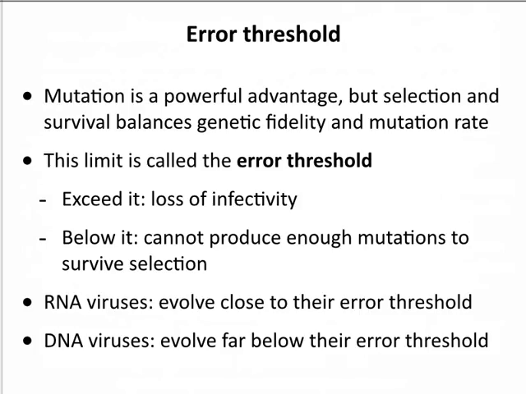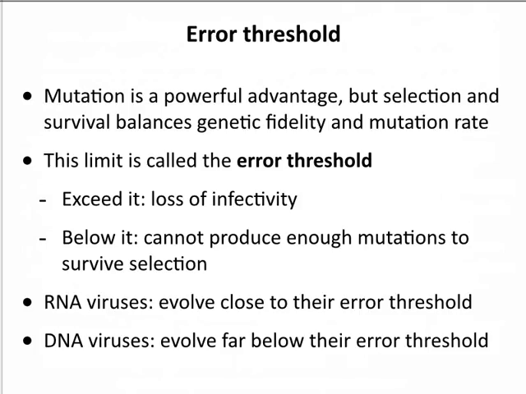So this relates to a concept, the last experiment I told you where you make the polymerase more mutagenic. This relates to a concept called error threshold. This is the point at which if you make more errors over this error threshold, the virus is no longer infectious. So mutation is great, but it has to be balanced. You can't make too many mutations, and the limit is error threshold.